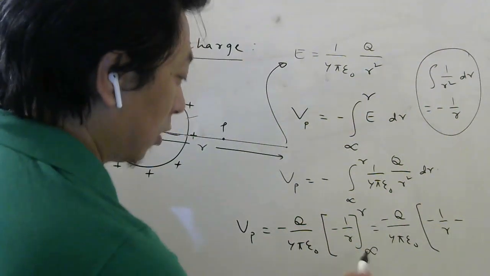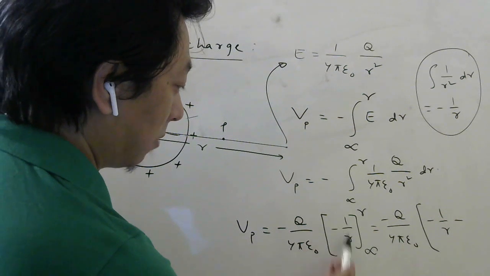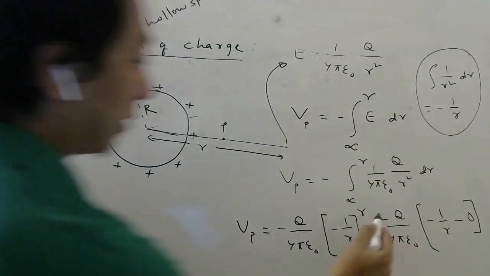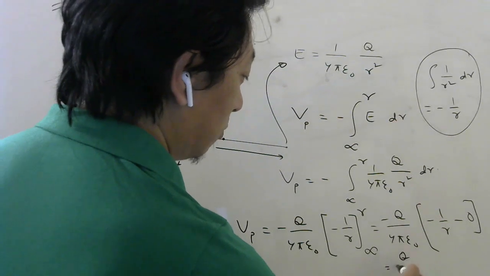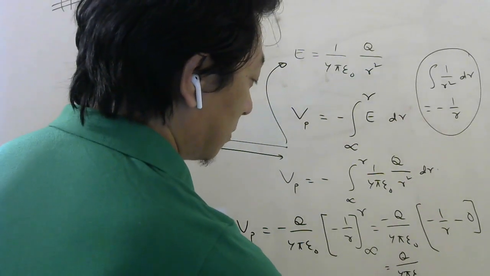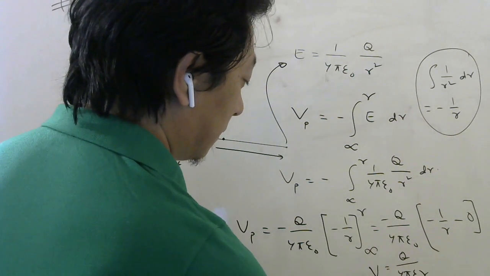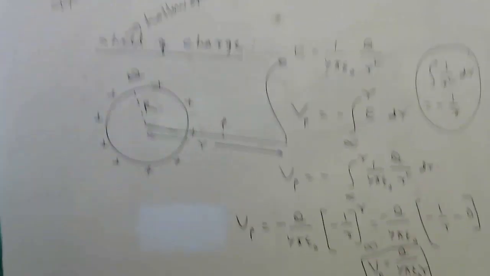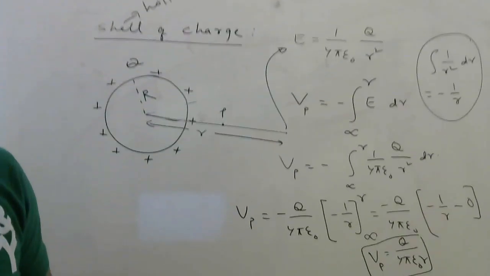Put lower limit, infinity, so minus 1 by infinity will be 0. So the final result: minus minus will be plus. It will be Q by 4 pi epsilon naught r. So this is the potential at a distance r from the center of the sphere.